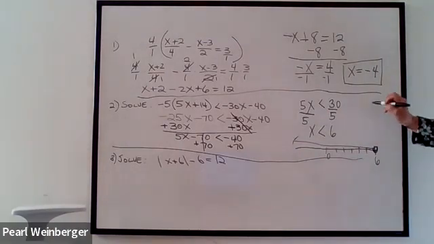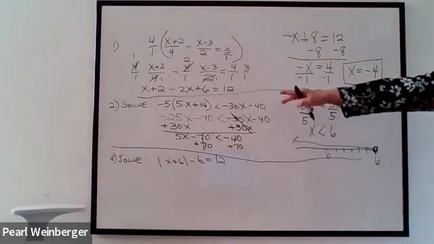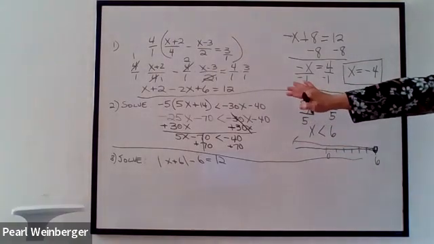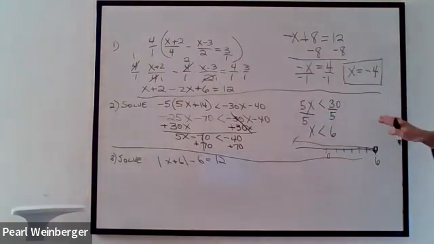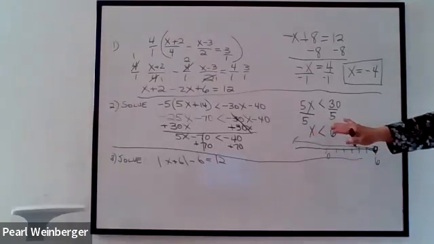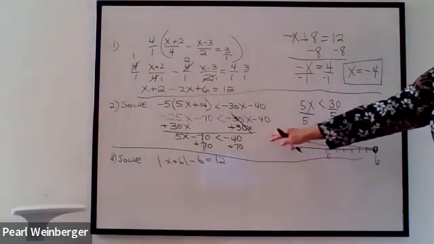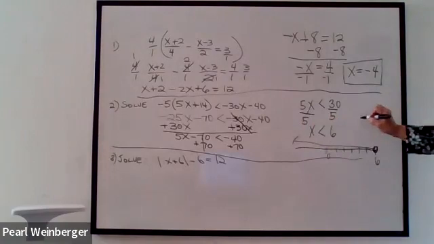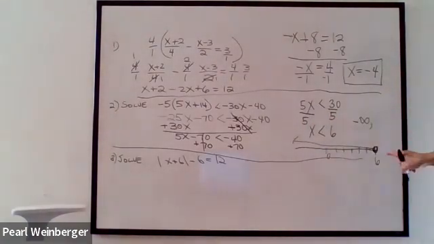And in interval notation, remember, you always start on the left and go to the right. On the left side, it's going all the way out, so it's going to be -infinity. And on the right side, it's going to be 6.